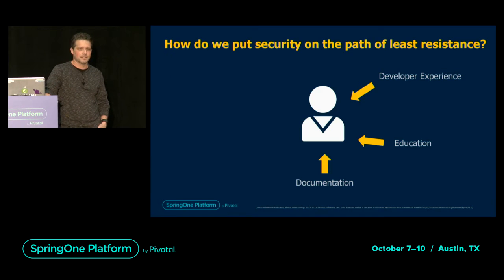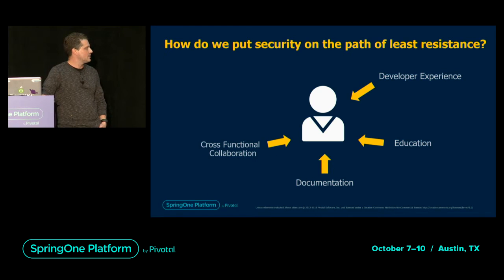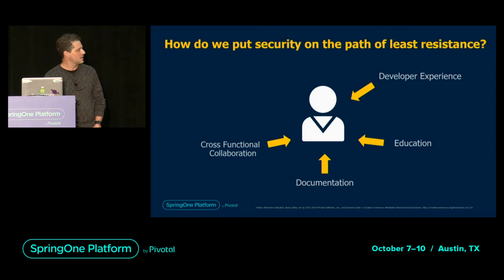But that doesn't mean we're not going to try, right? So we're always working on documenting our proven patterns so that people have something to follow, somewhere to get started. Cross-functional collaboration is critical. I think a lot of companies don't necessarily do this very well. This is a journey for us. We're always working on this, but it's kind of a pipe dream to have a single two-pizza team that's got every skill that you need to deliver software, especially around security, right?